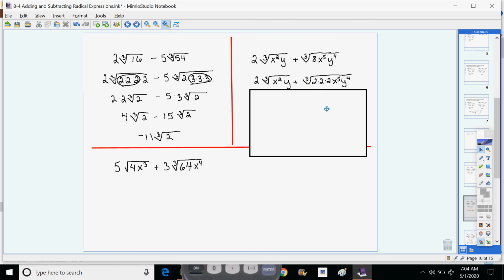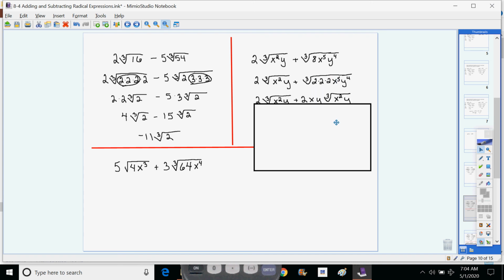Here, let's look at that a little slower. When we factor this out, there's a group of 3. Okay. X to the 5th, 5 divided by 3 is 1 with a remainder of 2. 4 divided by 3 is 1 with a remainder of 1.